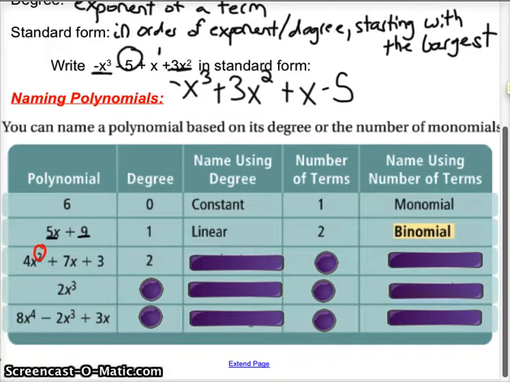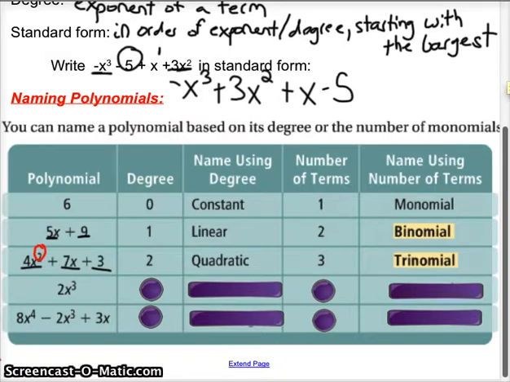Now, its name. When you have a degree 2 polynomial, you're talking about a quadratic. Now, in terms of number of terms, now quadratics can have up to 3 terms. This one has 3. So, what do we call that? A trinomial. Tri again meaning 3, like a triangle. Okay, this next one.